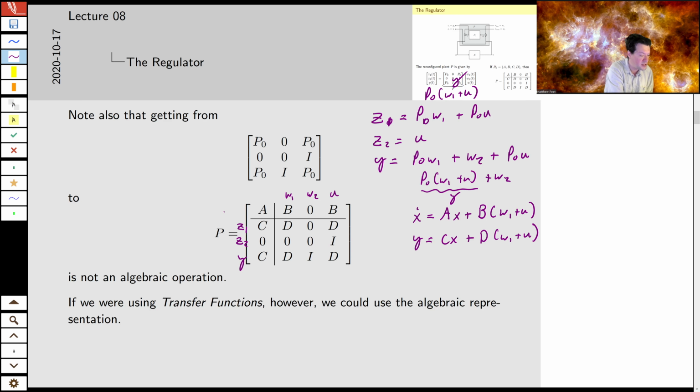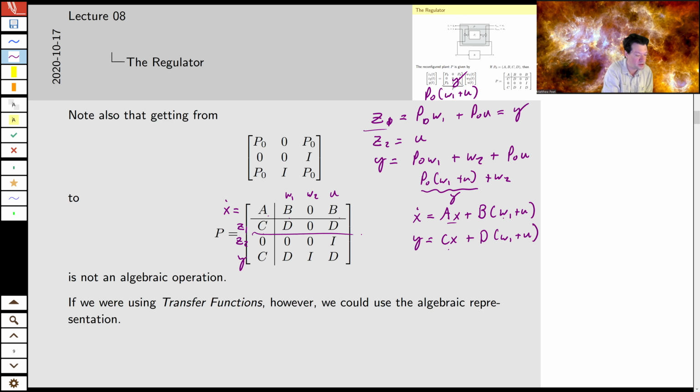Here's the expression for x dot. That's equal to A times x plus B times W1 plus B times U. So the output of the system is just equal to this Y. The first output is Cx plus D W1 plus D U, right there.